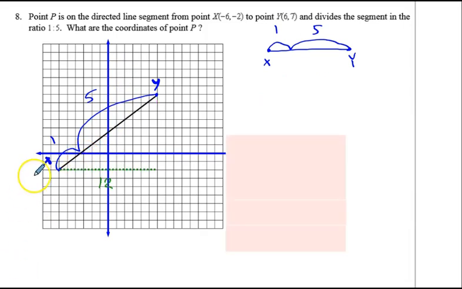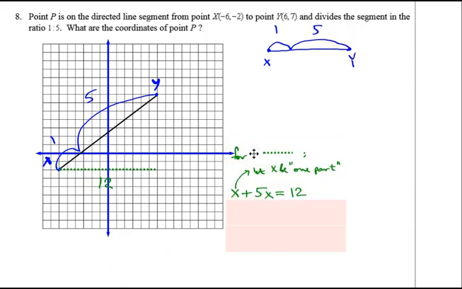So I will start working with the horizontal segment. I completed the horizontal segment of my triangle right here, counted the number of units, and I'm going to reiterate the fact that if one part is x, then I also have 5 parts.